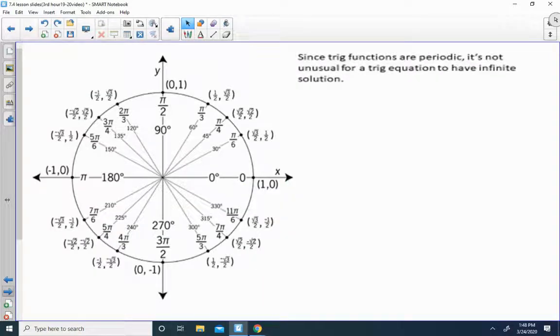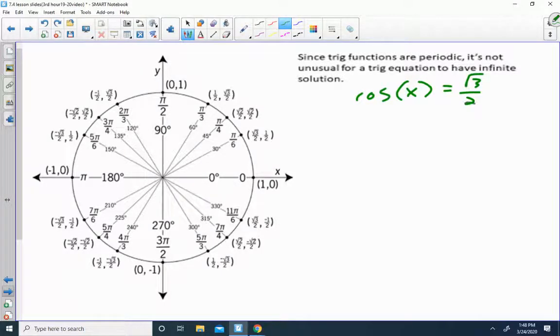So that's what I'm going to talk about. So let's say you have, say, cosine of x equals 3 pi over 2, and you need to find its solutions. Well, you find out that one of its solutions is right here at pi over 6.